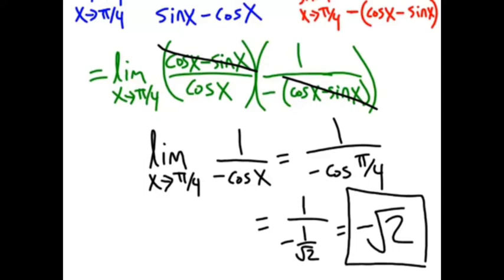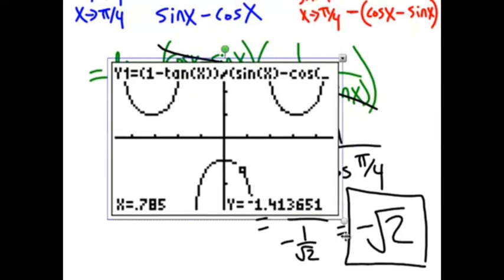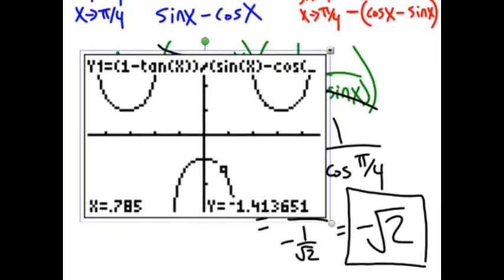Now, let us see the graph of this function. Here, the function which I have given you, that is 1 minus tan x divided by sin x by cos x, the graph looks like this. Okay. Now, when x will be tending to pi by 4, pi by 4 is nearly 0.785.